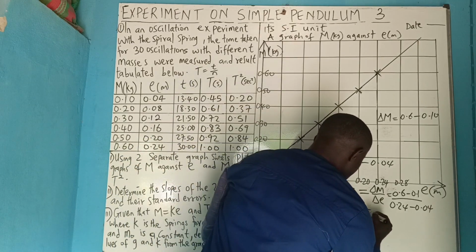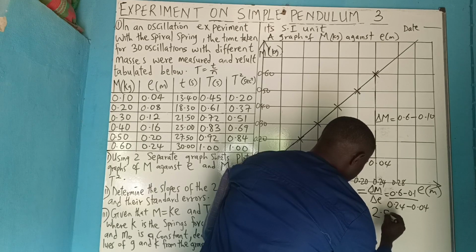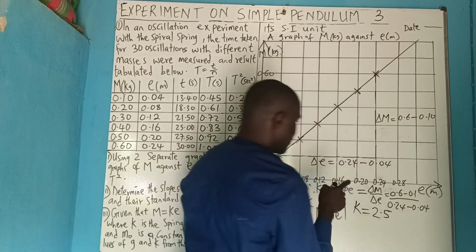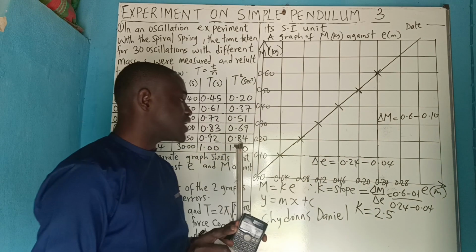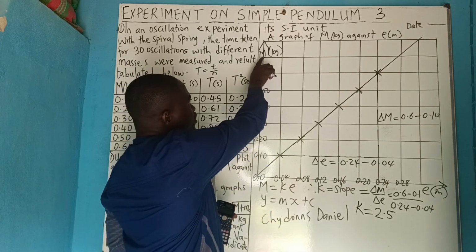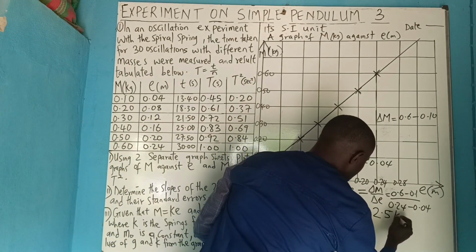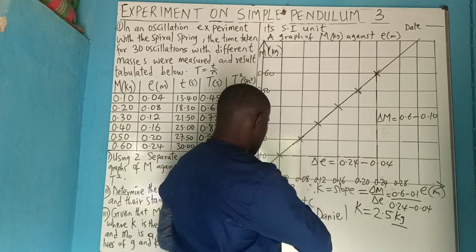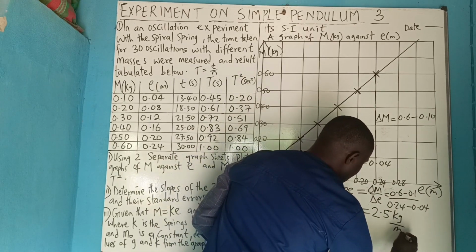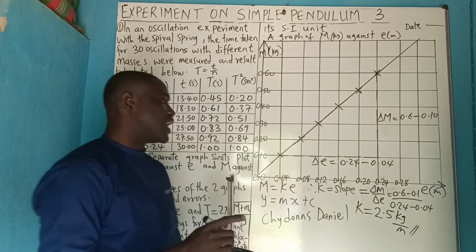So we'll be getting it to be 2.5. Our K, the spring force constant, is 2.5. What is the unit of Y? Kilogram. What is the unit of X? Meter. So that is the unit in SI units.